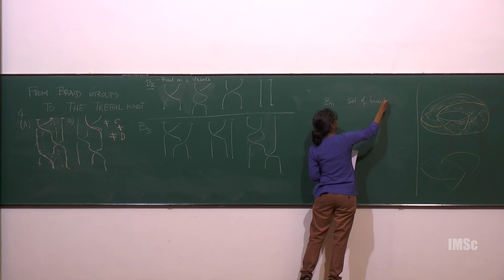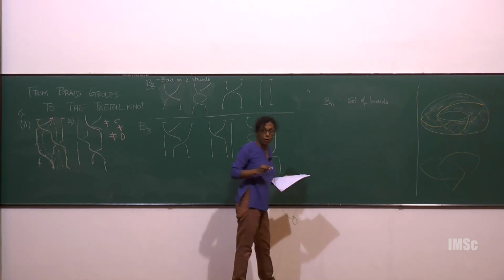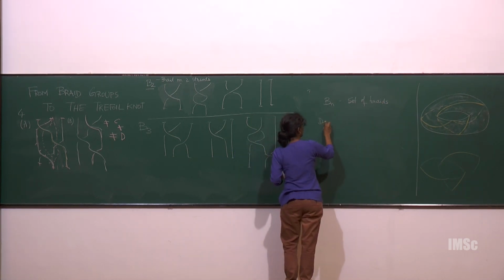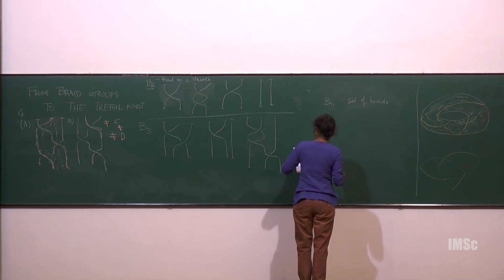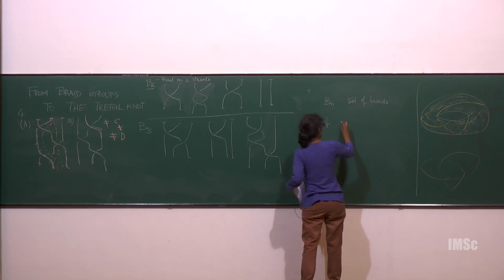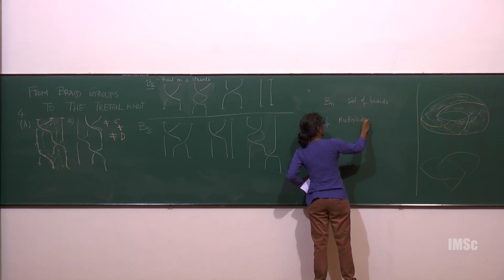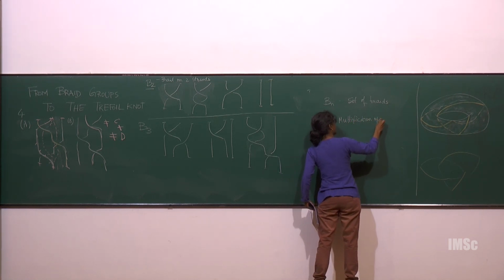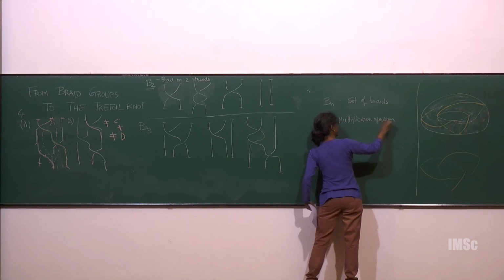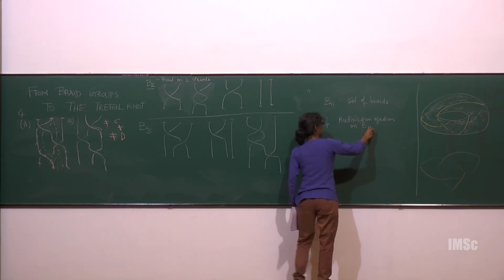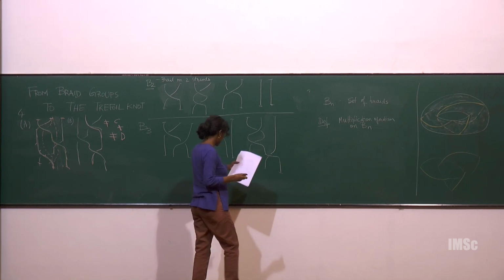And the next thing I'm going to define is a multiplication operation on Bn. And what this operation does is it just concatenates braids.